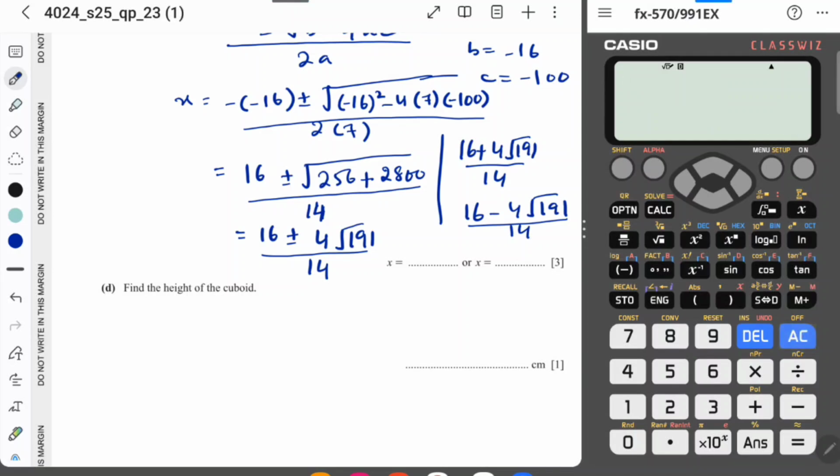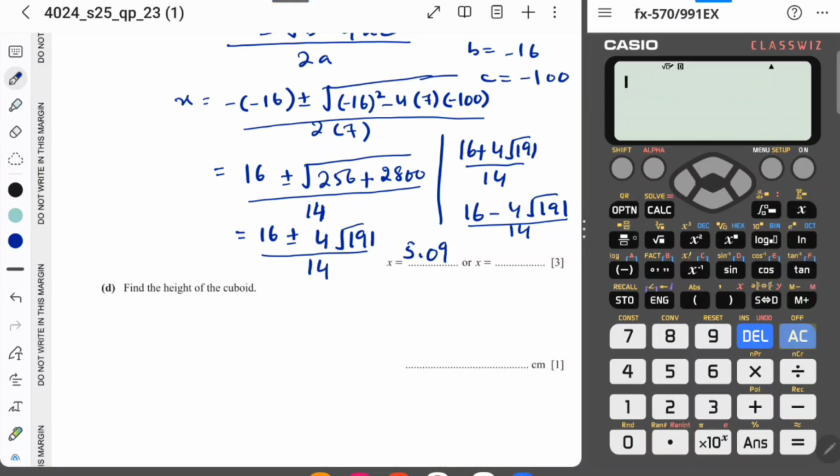Okay, so try this. 16 plus 4 square root 191 upon 14 equals 5.09 is the answer, the first one.